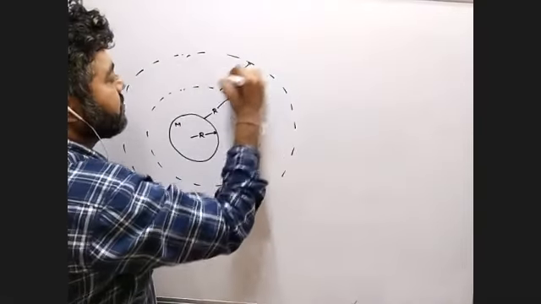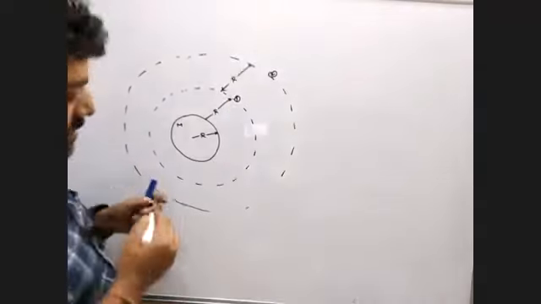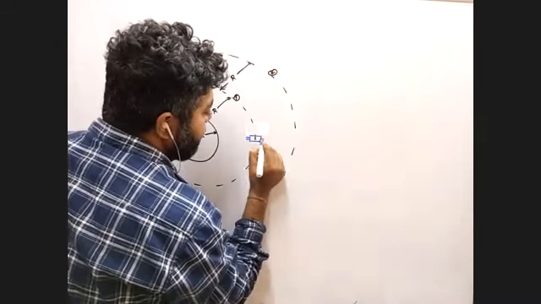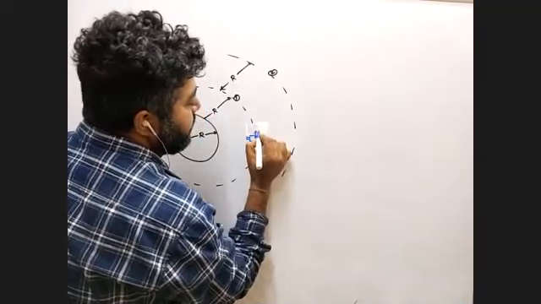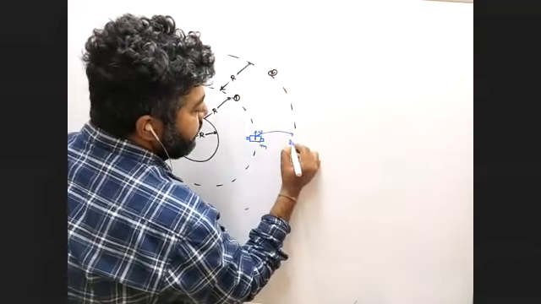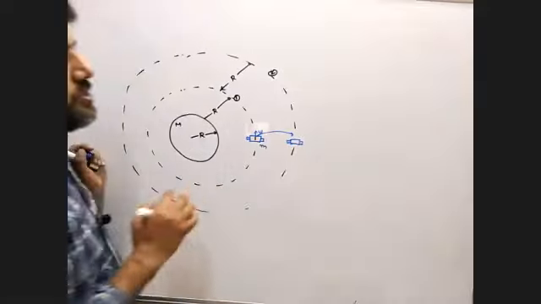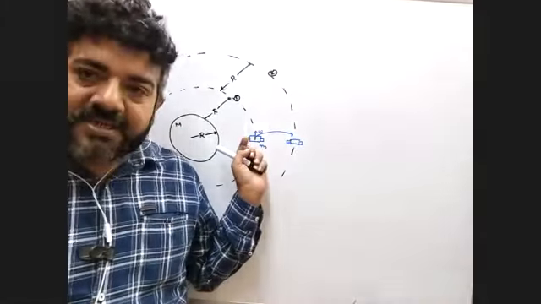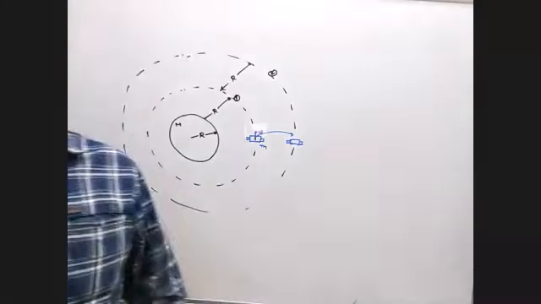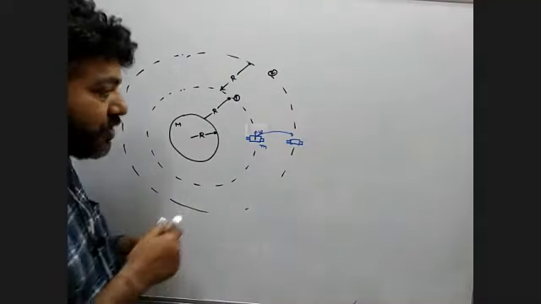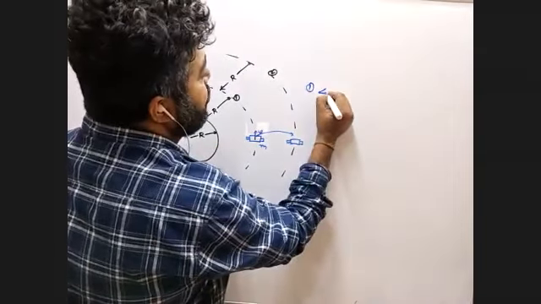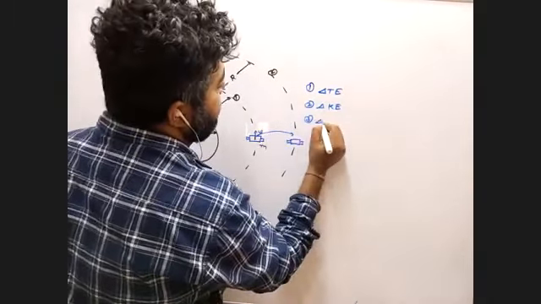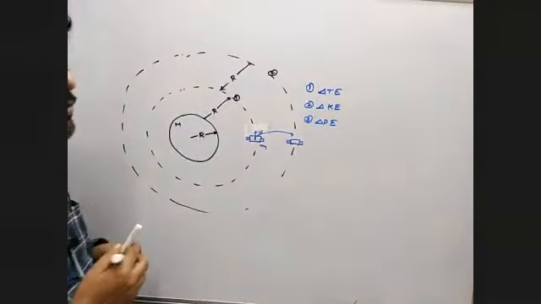Now suppose you want to move a satellite from this orbit to this orbit. When you shift that satellite from this orbit to this orbit, what is the change in total energy, change in kinetic energy, change in potential energy? Are you getting my point? Is it okay, everyone?